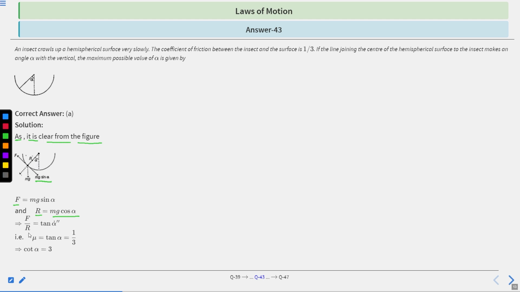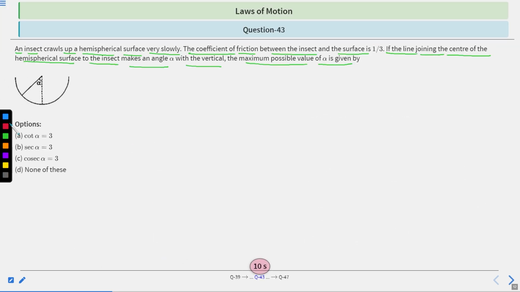So F by R is equal to tan alpha, that is mu equals tan alpha, which is equal to 1 by 3. Solving these terms, you will get cot alpha equal to 3. Clear? So the correct answer is A. A is the correct answer. Clear?